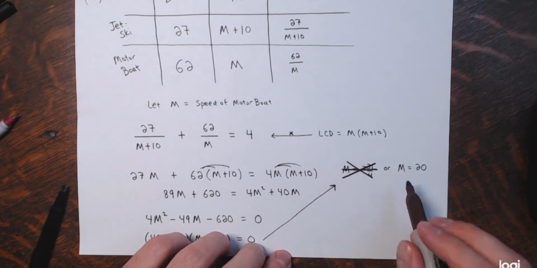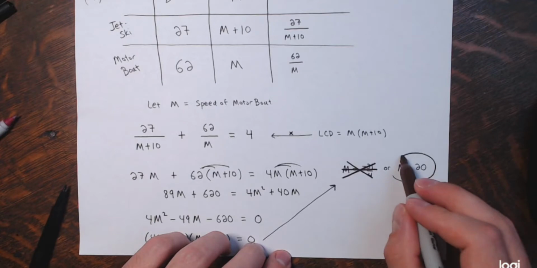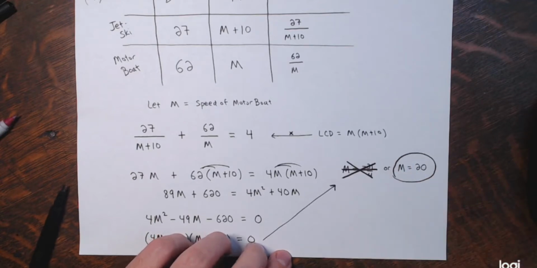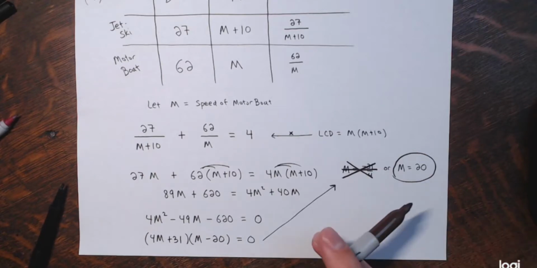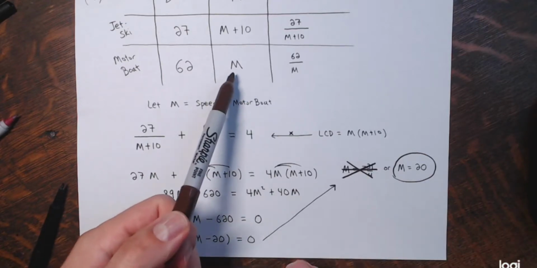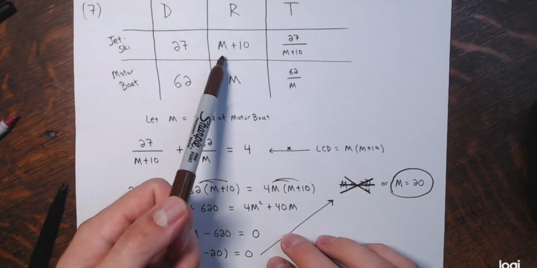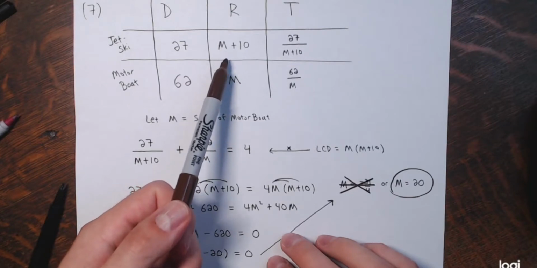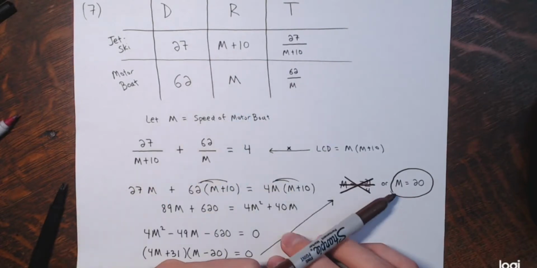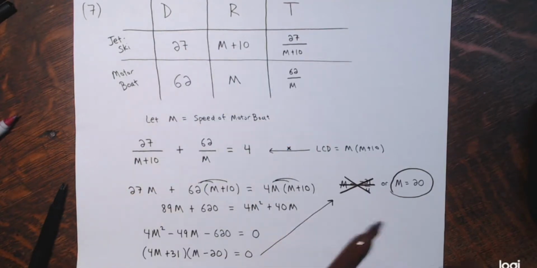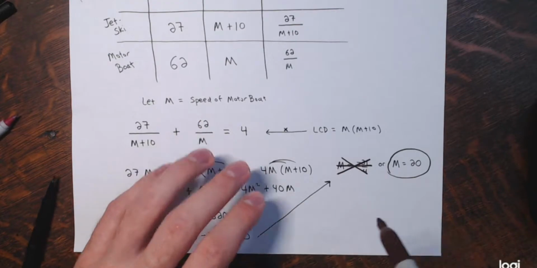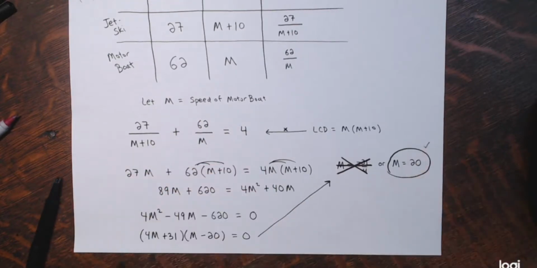The only one that makes any sense at all in reality, right, when you think about the context of the problem, is positive 20, right? If that means the motorboat was going 20 miles an hour and he was going 30 miles an hour on the jet ski. And then just double check that when you replace m with 20 throughout this chart, that the distance equals rate times time. And it should, right? Don't forget to check things.